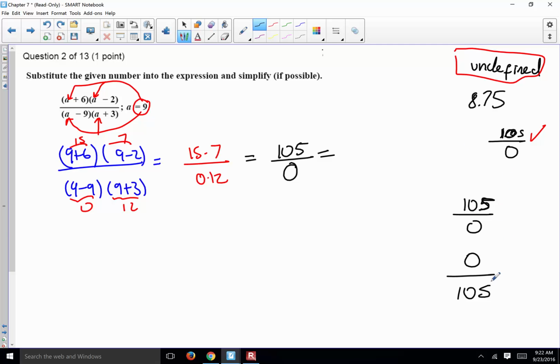Like, this means you have no money, you're broke, you have no money at all, but there are 105 people you owe to. How much money does each person get? Nothing. Alright, they come after you, okay?